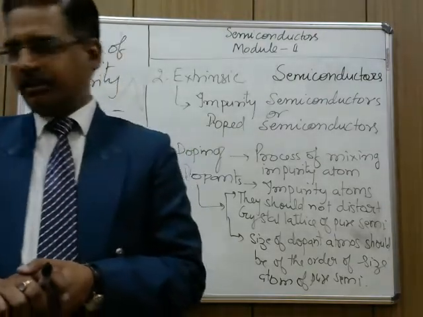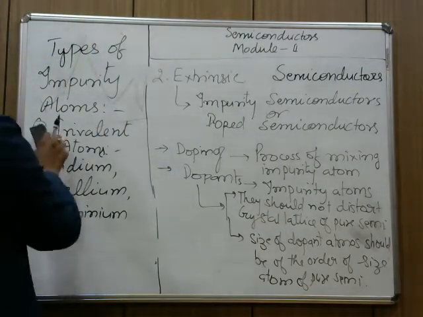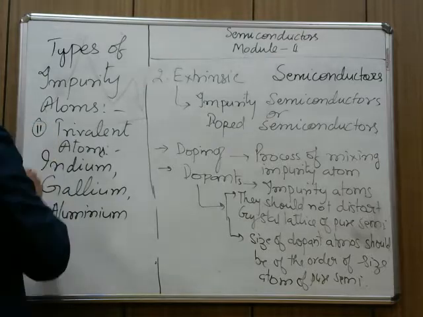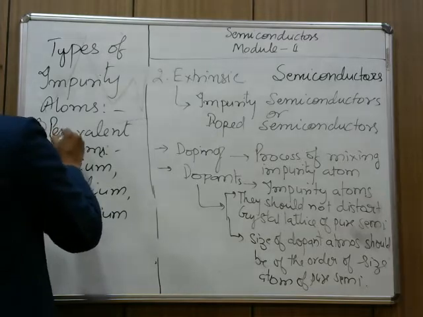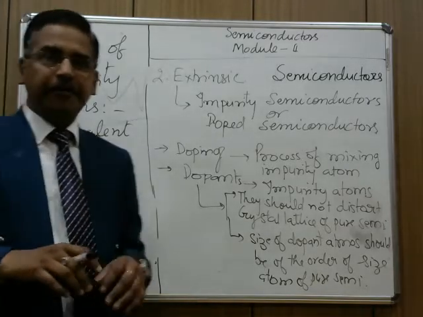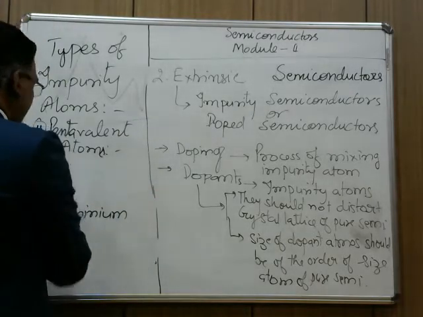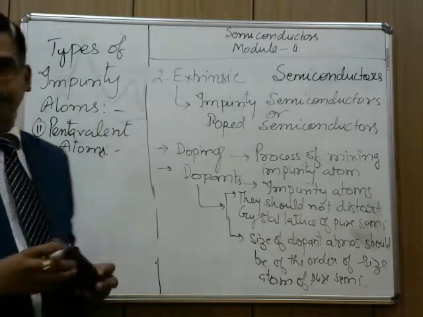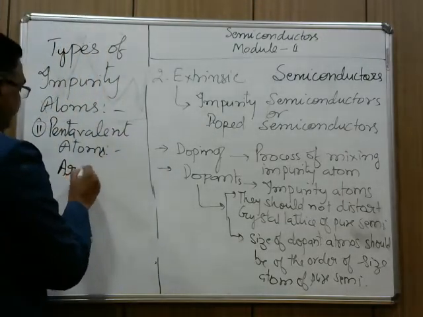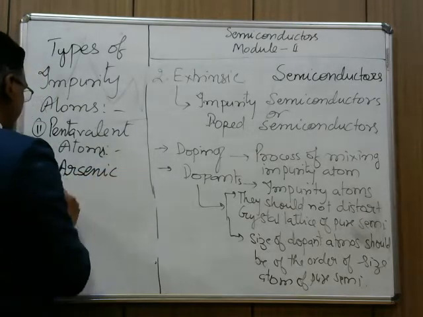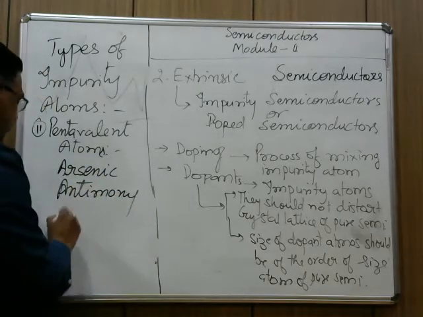Or, second, you may select pentavalent atoms. Pentavalent means having one more valence electron, and their size will also be of the order of the size of the atom of the pure semiconductor. This includes arsenic, antimony and phosphorus.